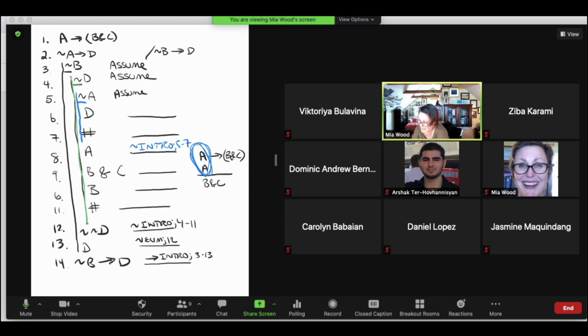I can't explain why. Okay, so from 5, we had not A, then D. In order to get D, we needed not A, but we didn't have it, so we assumed it.